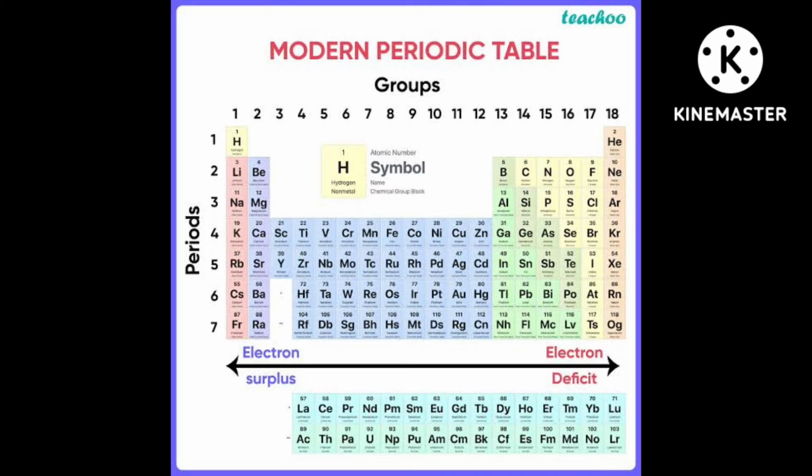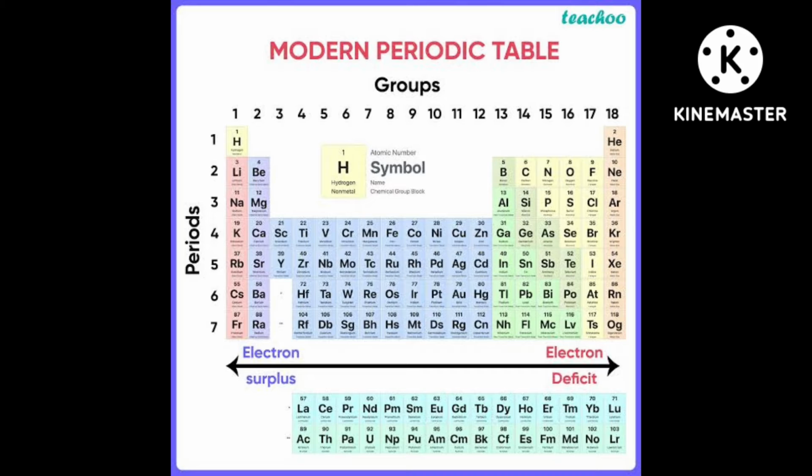By seeing the graph, Moseley showed that the atomic number is a more fundamental property of an element than its mass number.